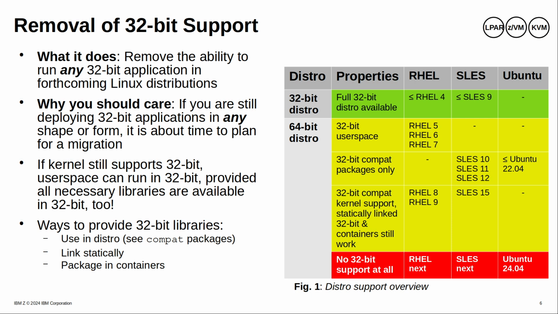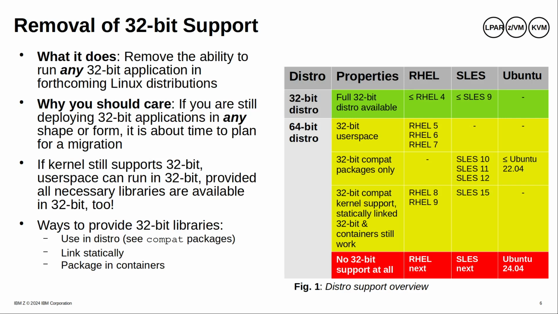Only with RHEL 5 to 7 did we have a full user space in 32-bit. Afterwards it was gradually reduced. Where we are right now is that the latest Linux distribution, starting with Ubuntu 24.04, will not support any 32-bit at all.